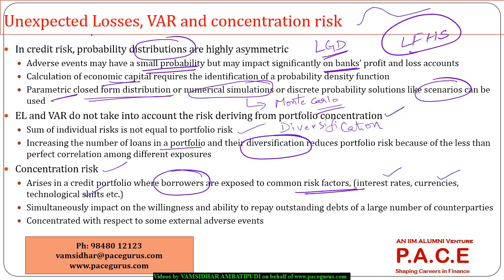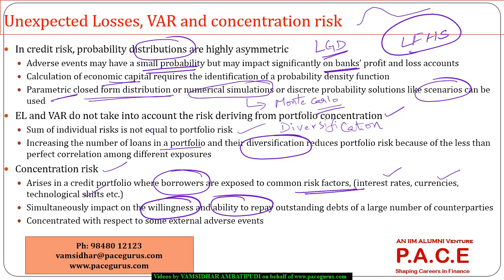So when the concentration risk is very, very high, both the willingness to pay as well as the ability to repay the interest and the principal will typically go down.